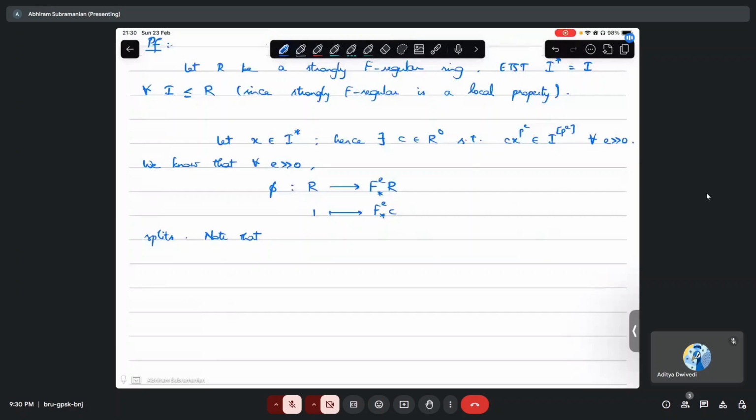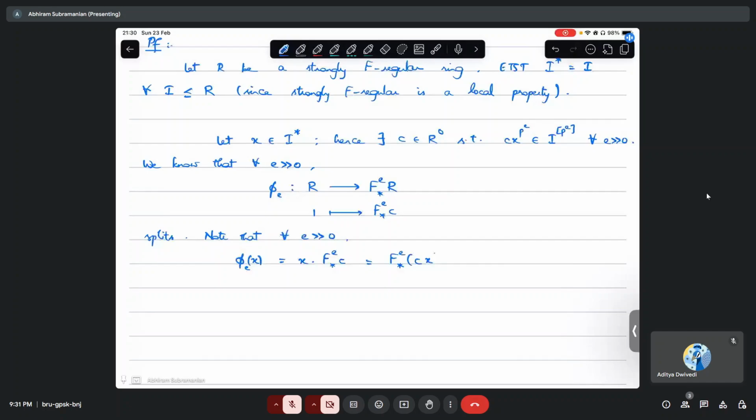So this is c x^(p^e). What do we know about c x^(p^e)? This belongs to Fe star of I^[p^e].